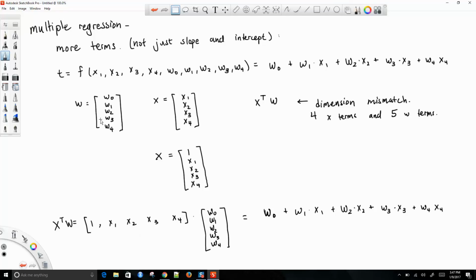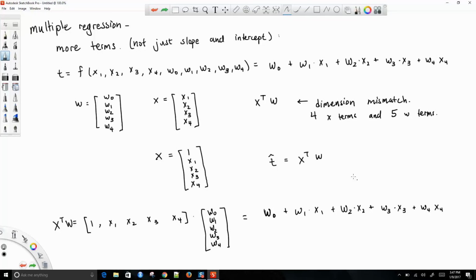Okay. And so in this way, by using matrix notation to accommodate our X's and our W's, this allows us to compact things. Rather than having to say each value is W0 plus W1 times X1 plus all of this, we can just say each of our values, maybe our T hats or whatever, is going to be X transpose W, okay?